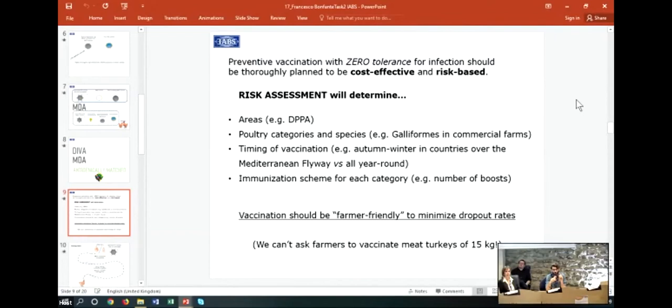But we should also take into account that whatever we do, it won't work unless it is farmer friendly. We need to minimize the risk of dropout rates. And we have a good experience with these in Italy. Everything was going well. Then the fact that we were asking meat turkey farmers to pick up the animals a second time, big animals, for another round of vaccination was not a success, exactly.